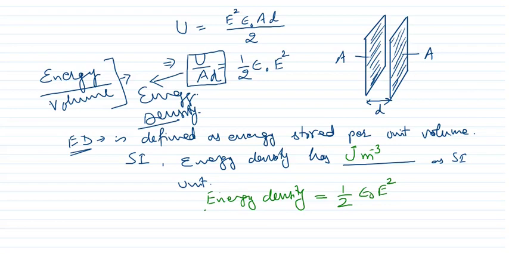So therefore you can see that energy density depends upon two factors. Number one, medium. Number two, the electric field strength. More will be the electric field strength, more will be the energy density, because this is the energy per unit volume. And one thing to remember is that in a capacitor the energy is stored in the form of electric field.